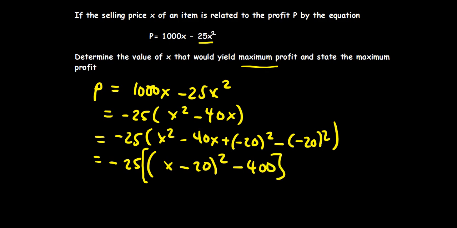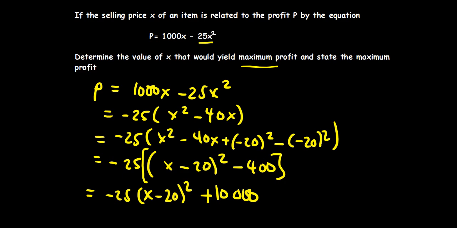Then we multiply by the negative 25, and we will have negative 25 times (x minus 20) squared, plus 10,000. So now here we have our turning point: 20 comma 10,000.